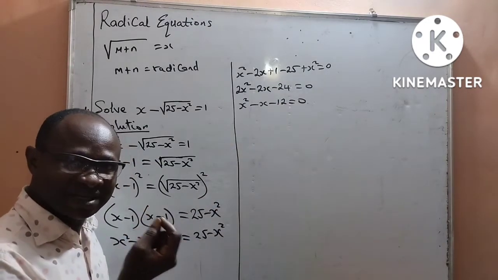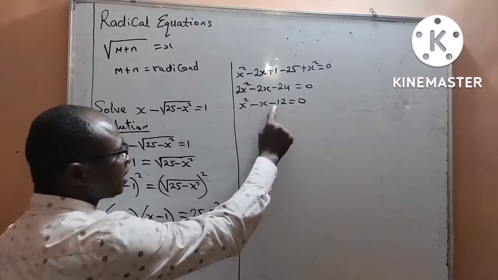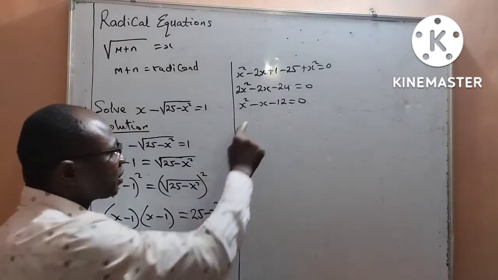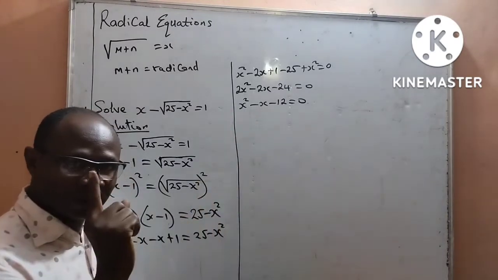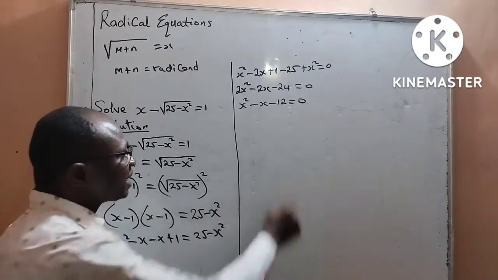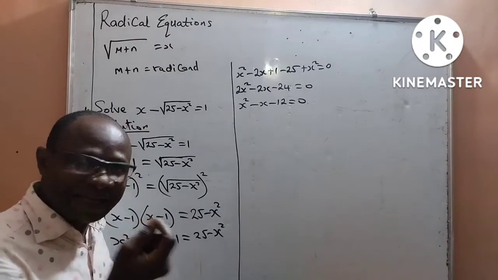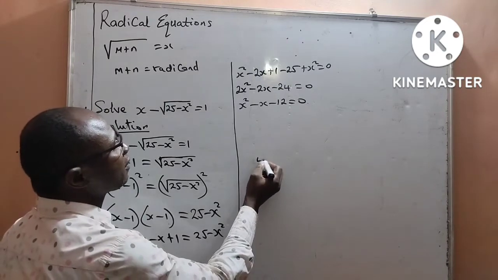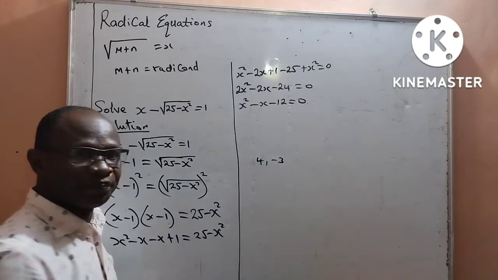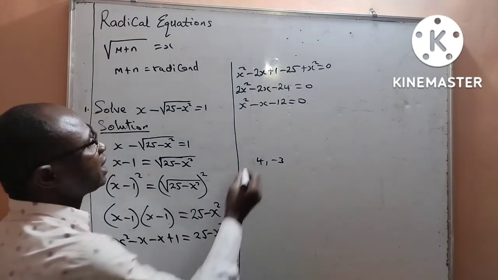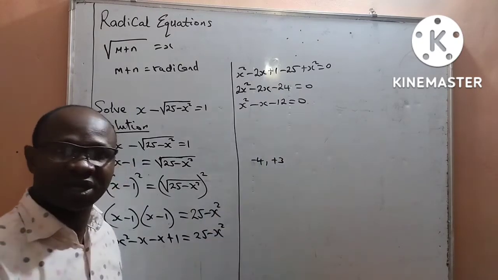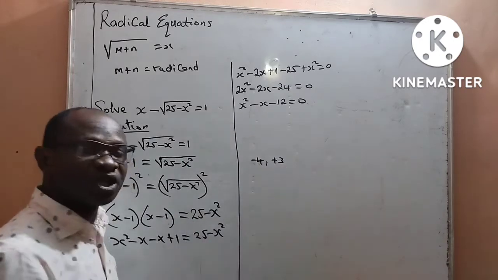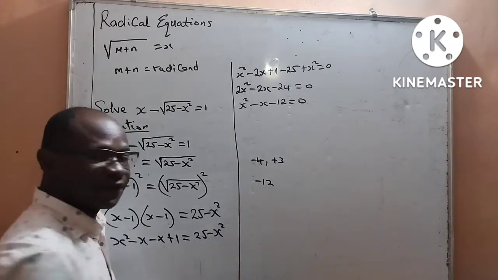We find two numbers that when we multiply them, give us minus 12, and when we add the same two numbers, give us negative 1. Those numbers are minus 4 and plus 3, because when I multiply minus 4 by plus 3, it gives me negative 12.